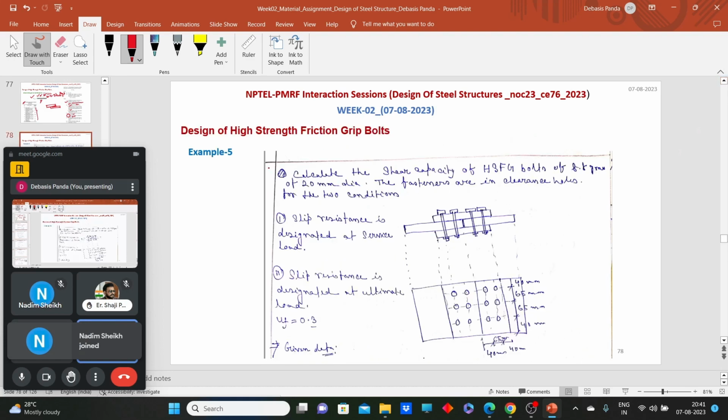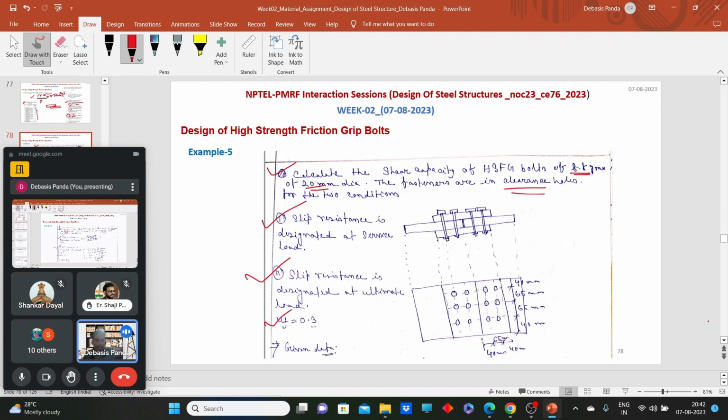I said, calculate the shear capacity of a high strength frictional grip bolt of grade 8.8, 20 mm diameter, standard clearances. All the data are given. Two conditions I have given: slip resistance design at service load, and slip resistance design at ultimate load. The coefficient of friction is given as 0.3. So how can we calculate it?